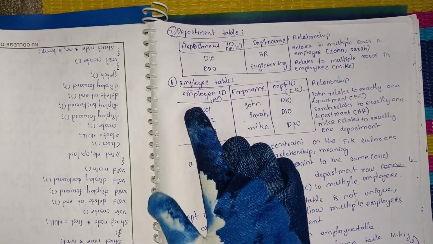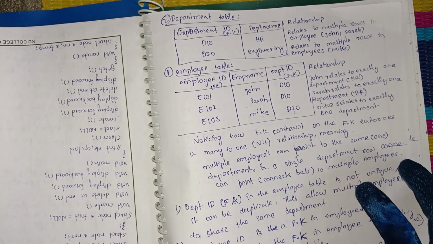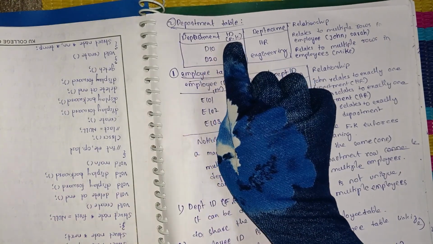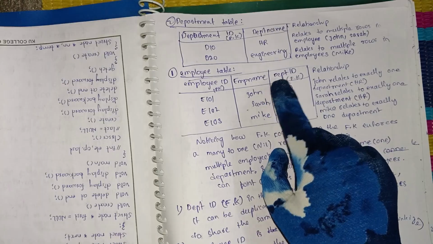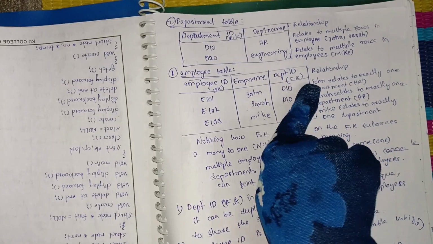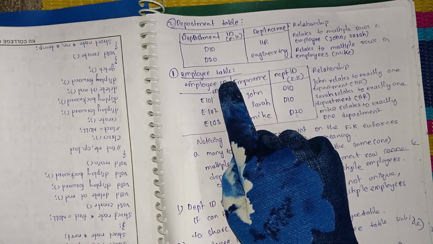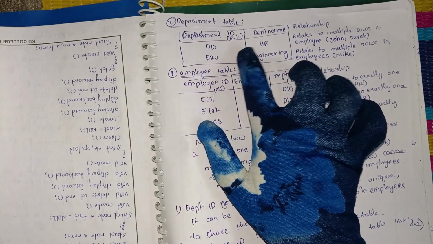One department table is there and one employee table is there. We are using department ID as a primary key and we are using department ID as a foreign key in the employee table. These two tables are linked with these two keys.